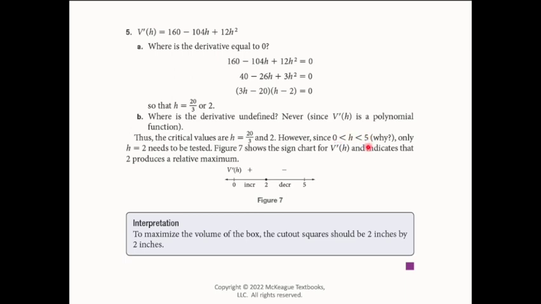And we don't want to include 5, because if we make 5 our endpoint for the interval to check for an absolute max, that's not going to make sense either, because when we cut out a 5 by 5 square on either end, that's not going to leave any room for a width of the box. So in this case, checking the endpoints for a maximum really doesn't make sense.